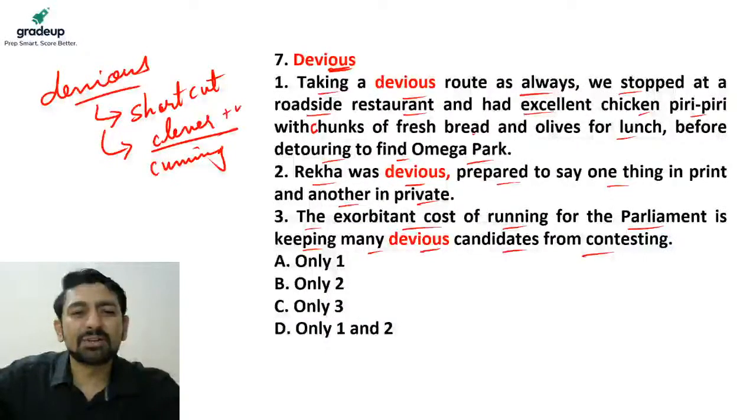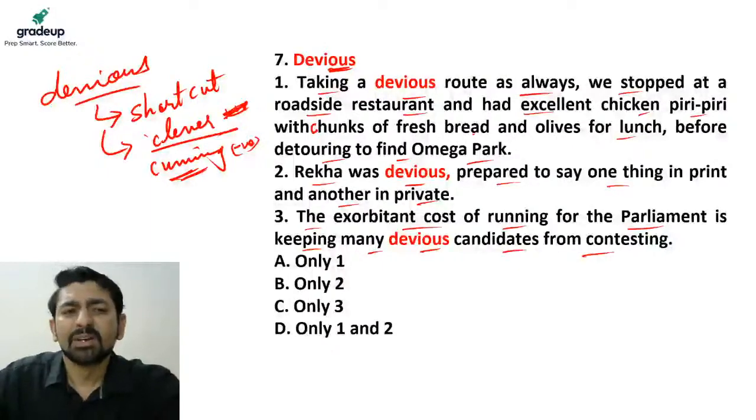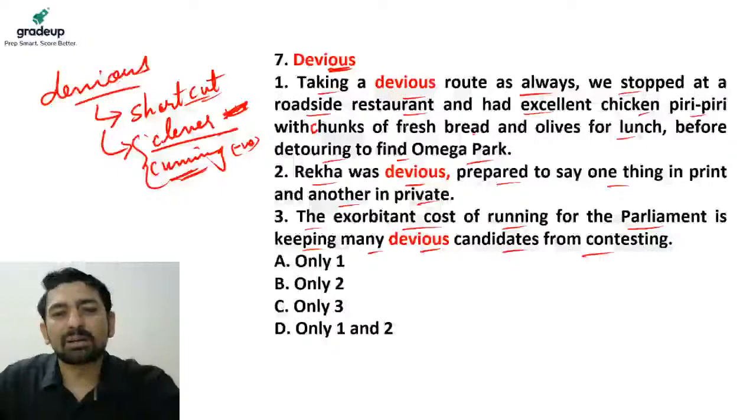Clever is usually used in the positive way. No, clever is also used in the negative way. But cunning has a kind of magnitude of being more negative. That is cunning. Chalak, what we call in Hindi. So devious means shortcut, or devious means clever or cunning as well, both.